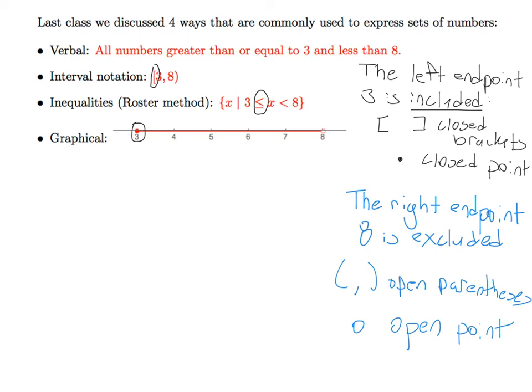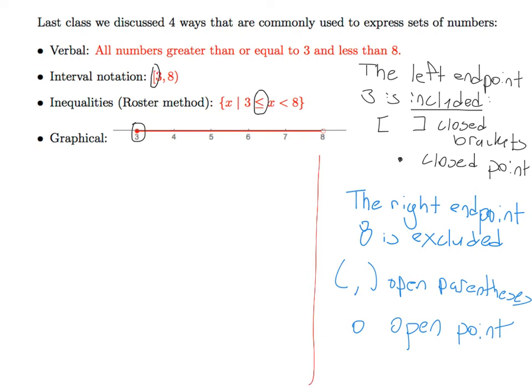And we see that being used with the open right parenthesis with the 8. When we're using interval notation, we have the open point plotted at 8 on the number line, and over here we have the strict inequality.